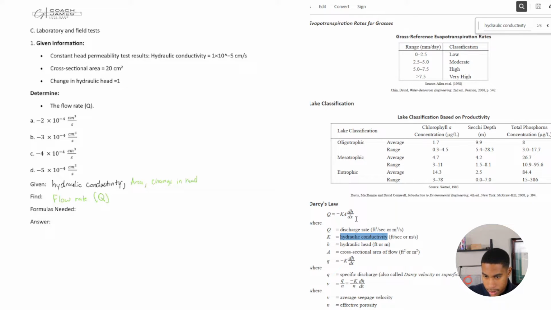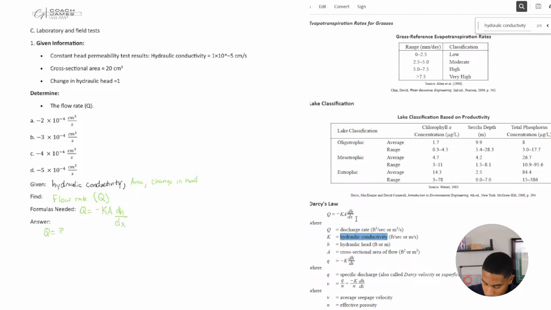All right, so let's write the equation out and then solve. All right, so the formula needed is Q is equal to negative K A and then dH over dx. I'm going to write out each variable.